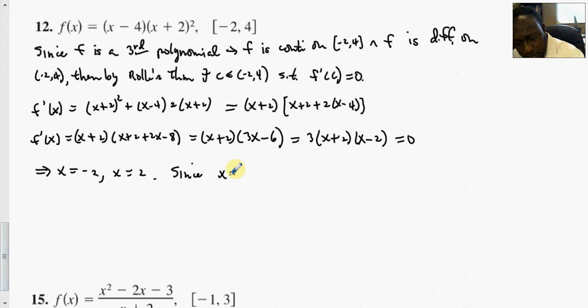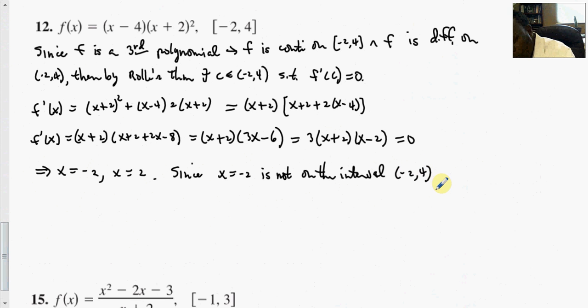Since X equal to -2 is not on the interval from -2 to 4, C is equal to 2, which is on the open interval from -2 to 4. We pick the other one.